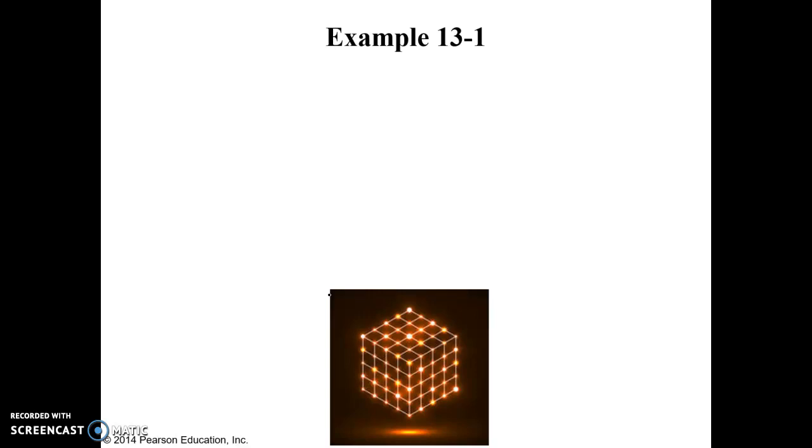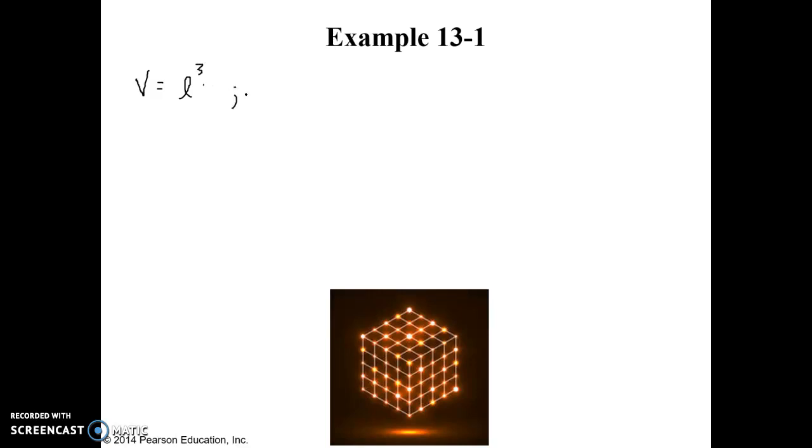What we have to do is imagine, because this is solid, that the atoms are arranged in rows and columns. They're neatly stacked up here. And so let's lay down some fundamental stuff here, that the volume of a cube is equal to the length of one of its sides to the third power.